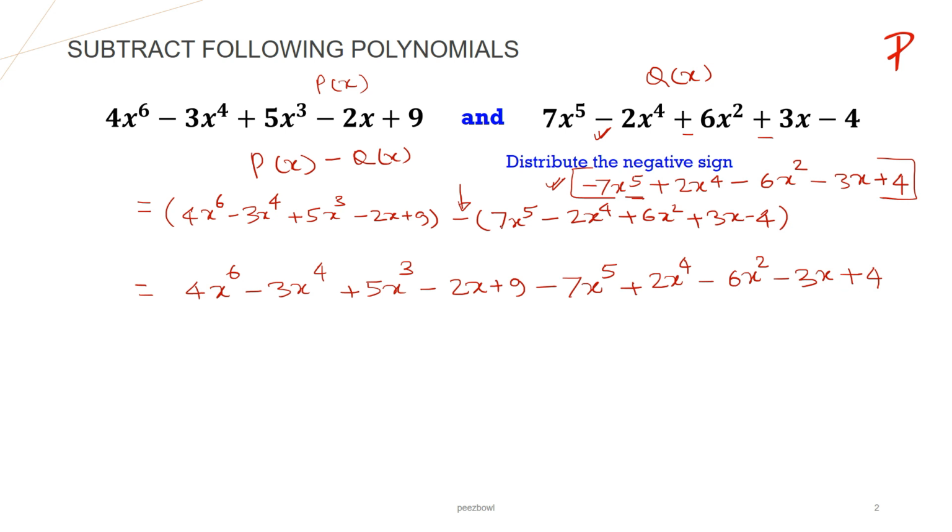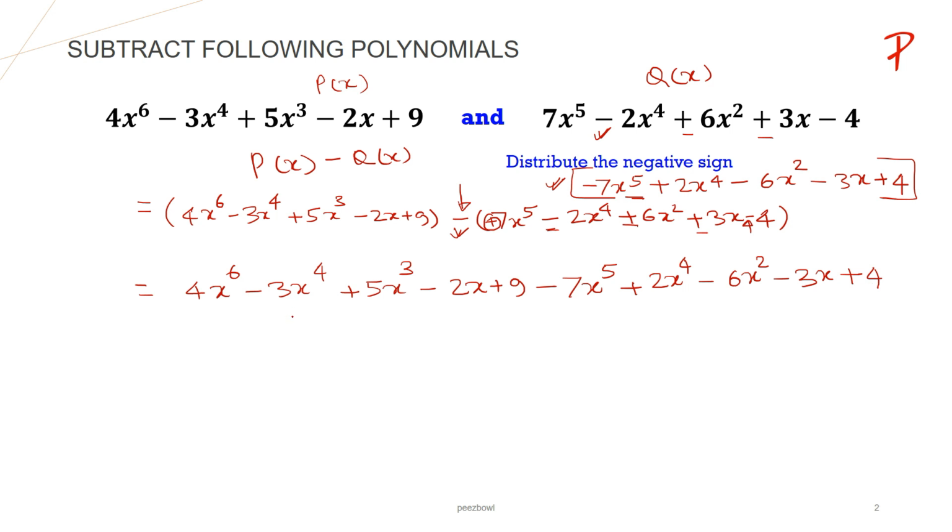Because you see, after distributing the negative sign, this plus sign will become minus, this minus will become plus, this plus will become minus, this plus will become minus, and this minus 4 became plus 4, right?